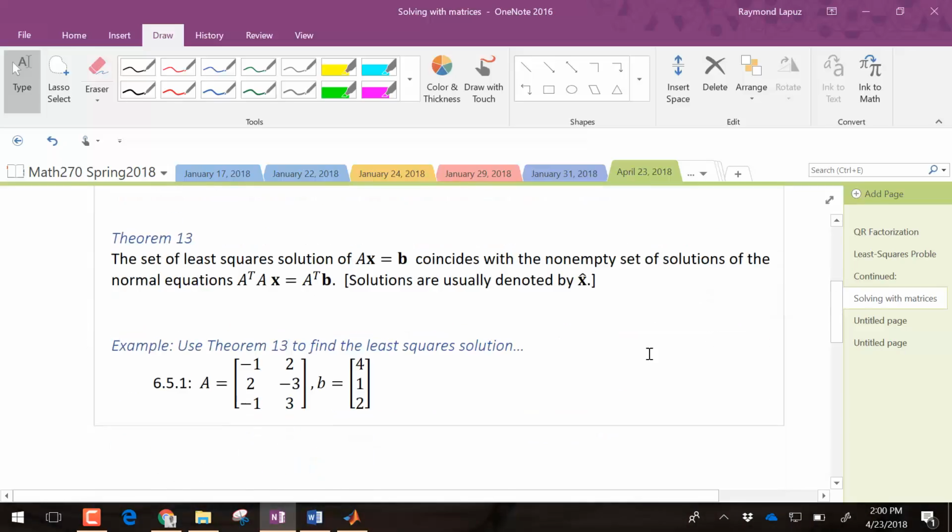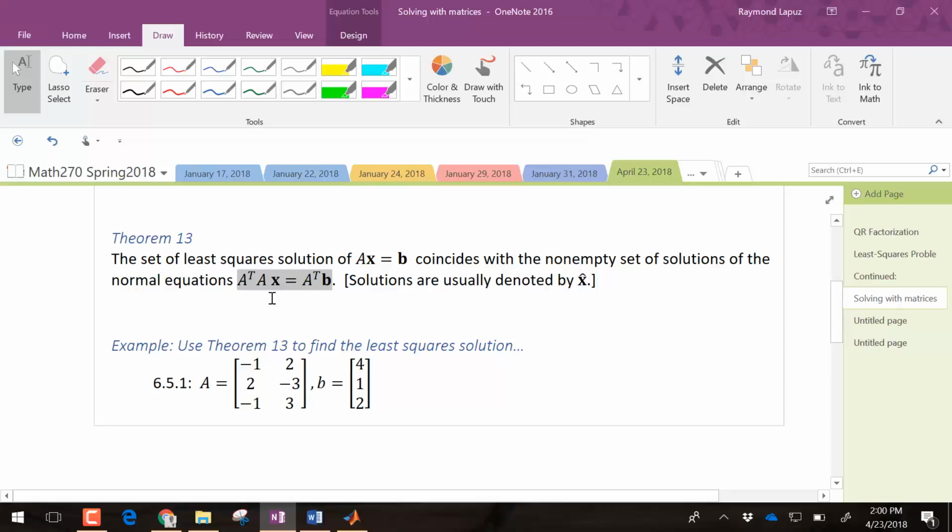So now the theorem tells us that we can use this to solve the least squares problem. This is going to take 2 minutes, but we're out of time. Should I do it?